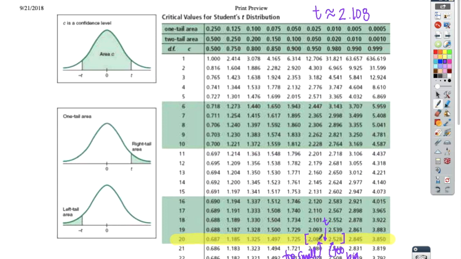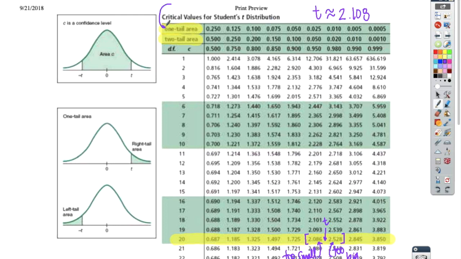Okay, so now that I've focused on my too small, too big, I've got my two different t-scores. I'm going to walk these up to the top of the table, and you'll notice on the side, we haven't really talked about these two rows yet. We have the one tail area and then two tail area. Now, this goes back to the type of test.